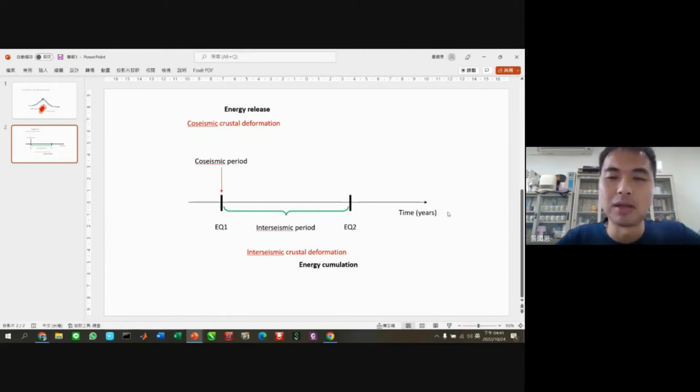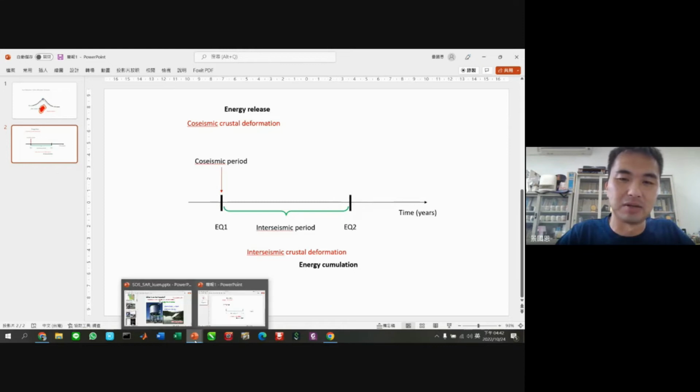So if we want to study the co-seismic or interseismic crustal deformation, then InSAR will be one important technique to provide us some information related to the energy release or energy accumulation.